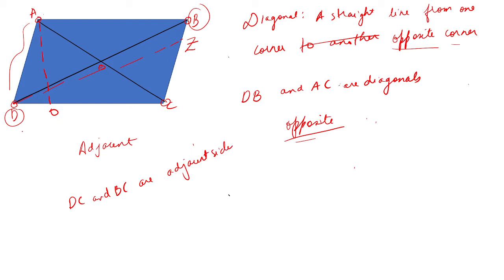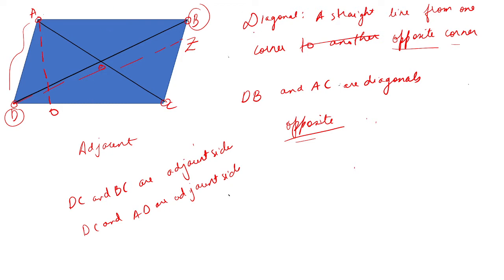They're standing next to each other. The same way I can say DC and AD are also adjacent. So just be clear with this, we may come across this. Adjacent sides. You see, CD or DC is adjacent to what? AD. Clear? So this is what we mean by adjacent sides, standing next to each other. Opposite sides means they're standing across from each other. So be careful with that.